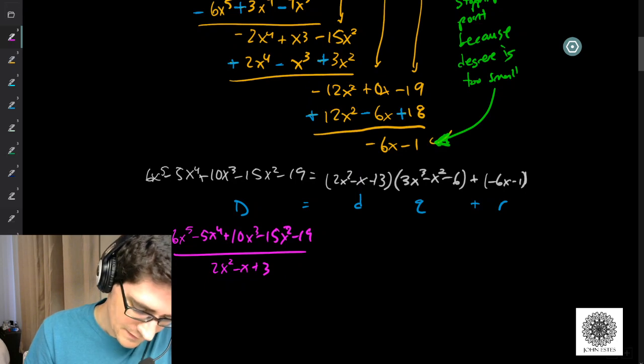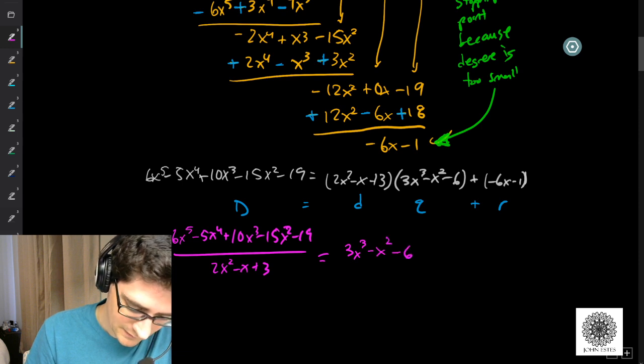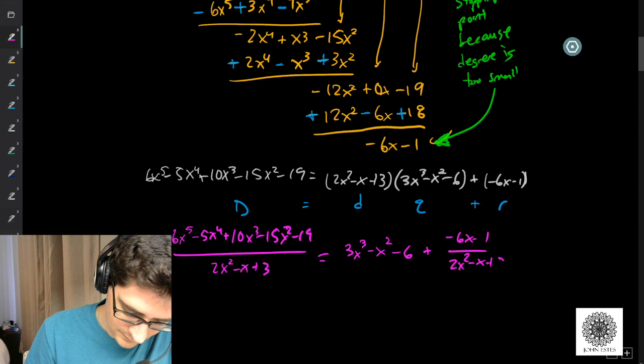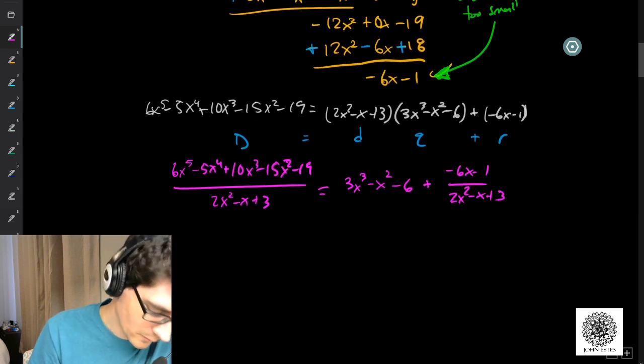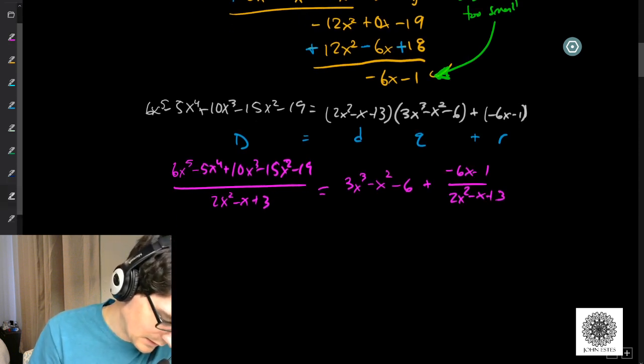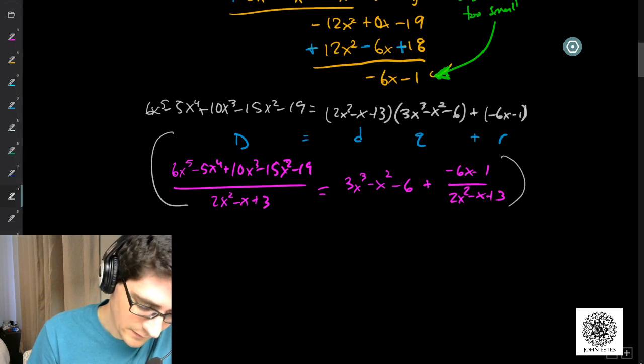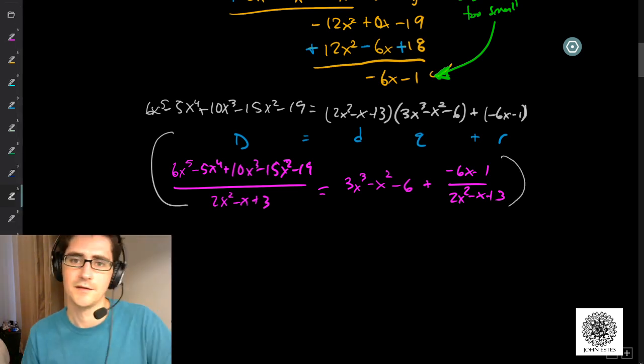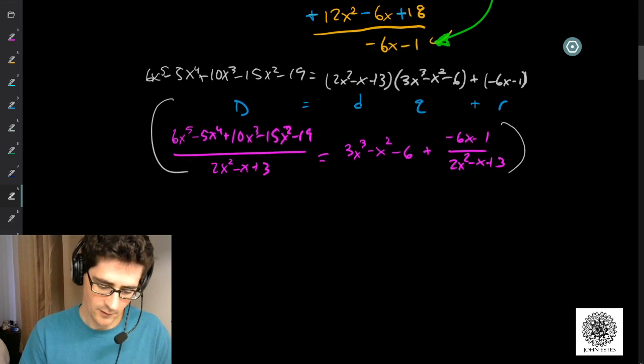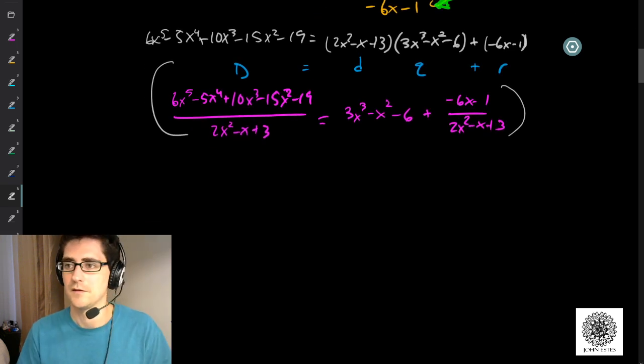Okay, that is the same thing as saying my quotient, which is the 3x cubed minus x squared minus 6, plus the remainder divided by the thing I was dividing by. Okay, and that may look more confusing to you, but that is another way of expressing what we just expressed. And all I'm doing is dividing both sides of my equation by the divisor.